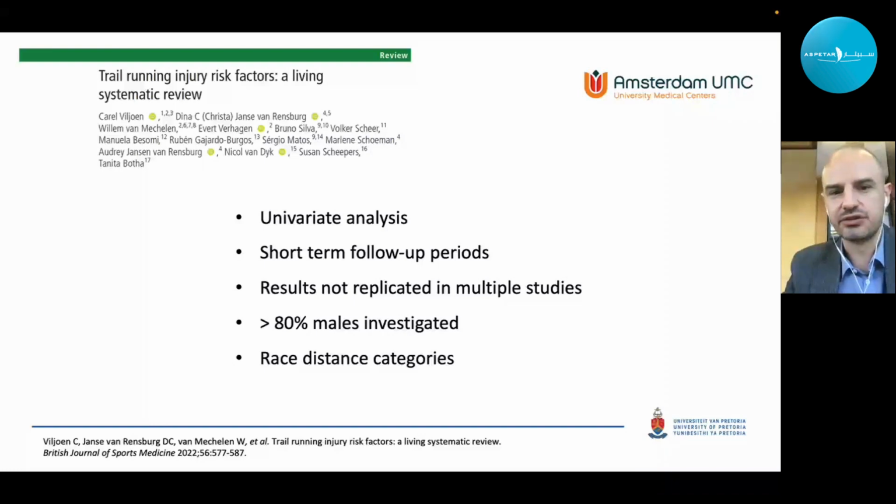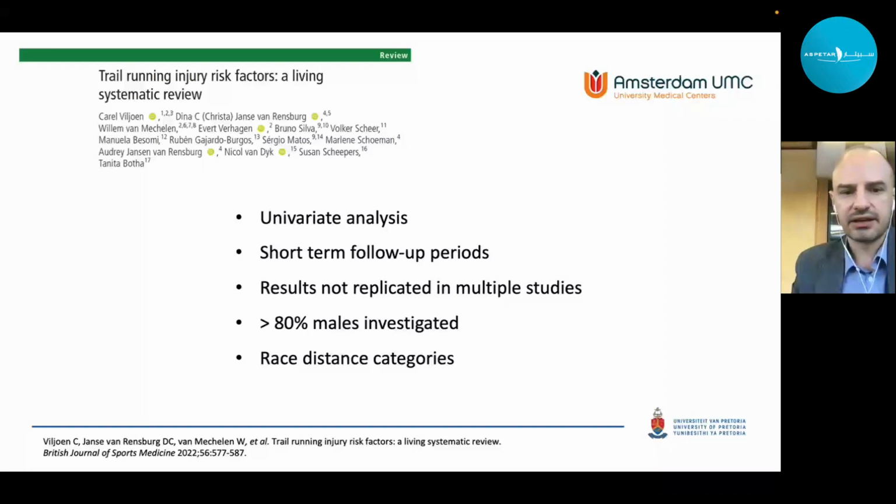Most of these studies use univariate analyses. There are short-term follow-ups. These results are not replicated in multiple studies. They focus mainly on males, so what unique profile can females potentially bring to the sport? And it's not reported in race distance categories. So do we just assume that the longer distances have the same risk as the shorter distances? These are all things we need to consider going forward.